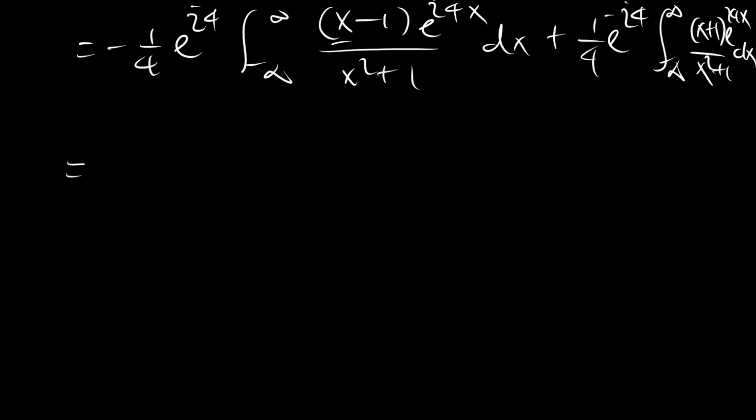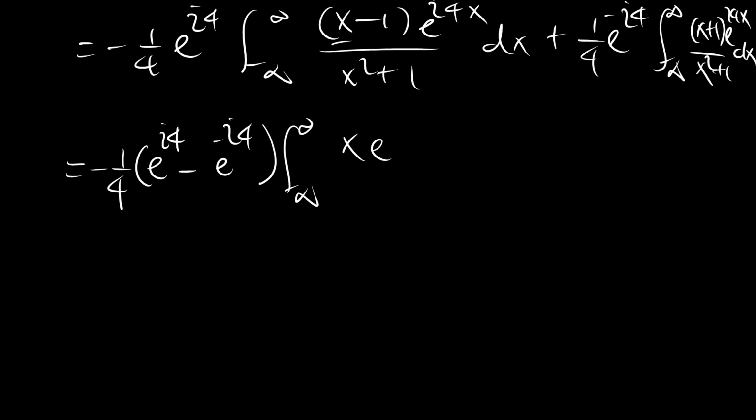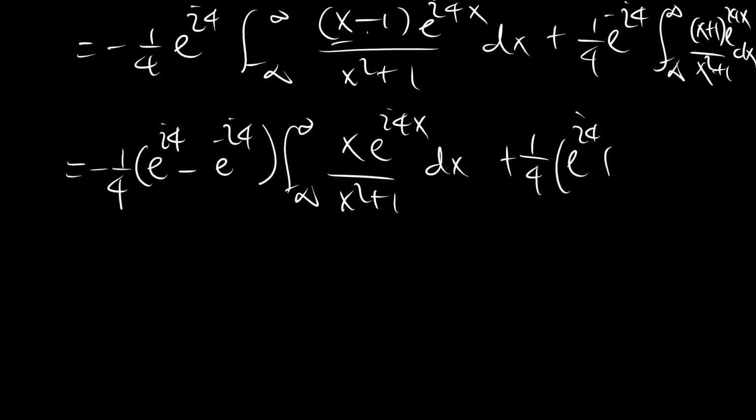So we here can have negative a quarter e to the 4 negative i x e to the i4x over x squared plus 1 plus positive a quarter, because of this negative 1 here, we have i4 plus i negative i4.